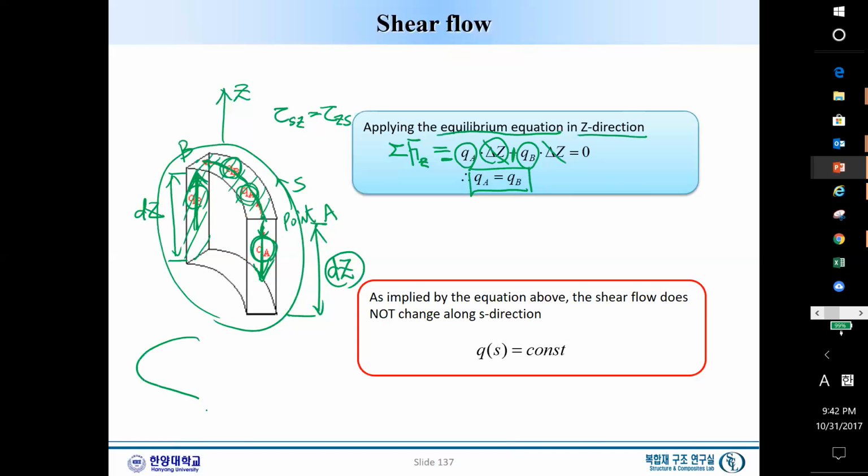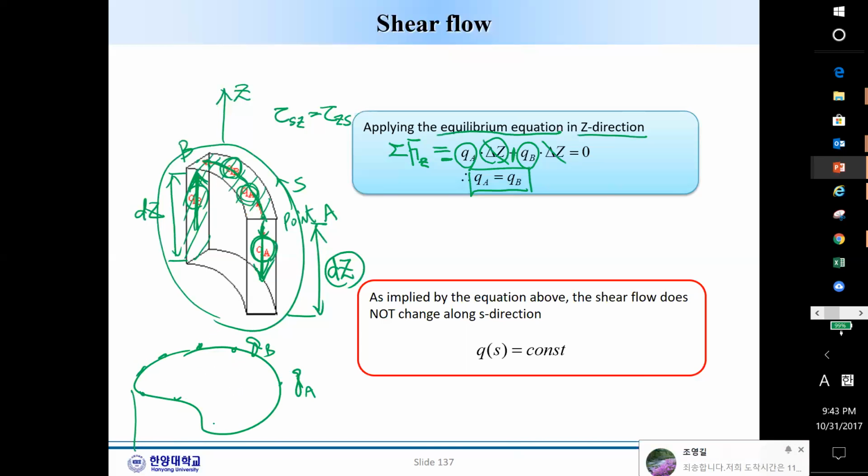In other words, let's say we have a section like that. Here, there, QA or QB or any place, actually, if we consider equilibrium like that, we can pick any point.